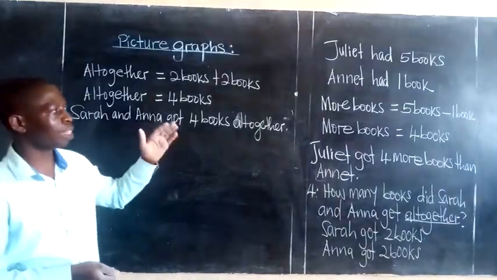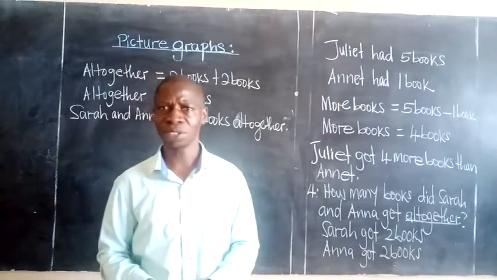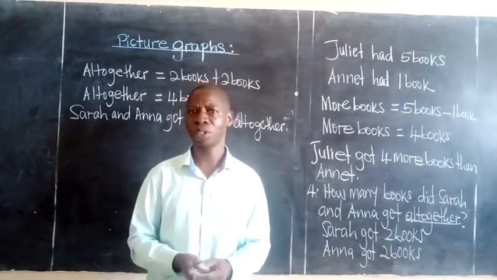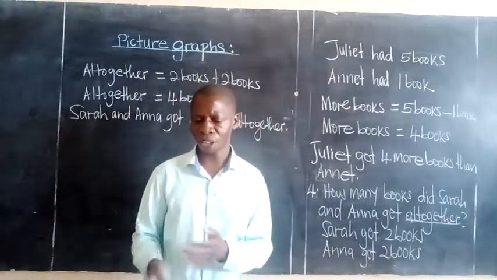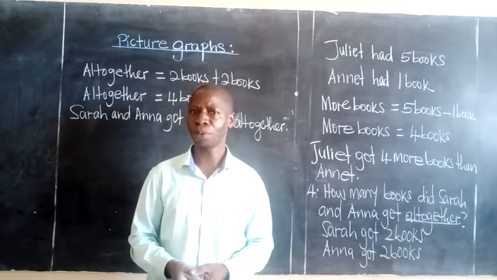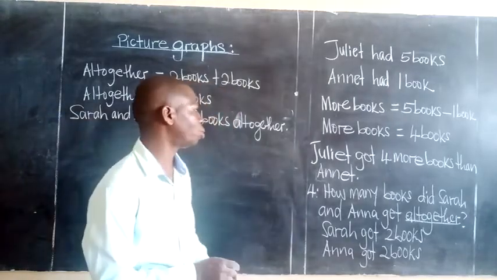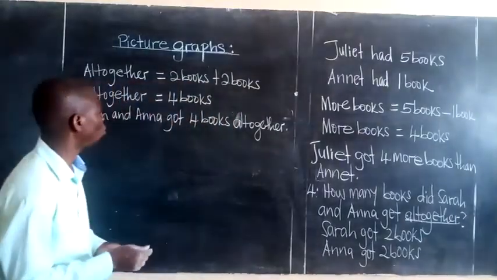Two, you must look at the pictures critically so that you don't mix them, so that you don't give some books to somebody else. That is very important. And three, you must be able to interpret the meaning of these words.